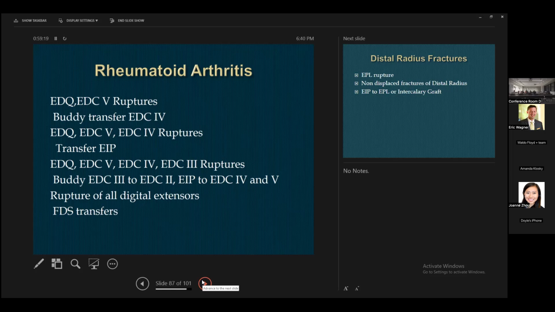Do you like FDS because of the individual nature of those, or why not do FCR transfers? An FCR transfer, because usually it doesn't reach the distal end of the tendon. It's tight, that's the main reason. And there are some people who will just take a wrist extensor to transfer into the ruptured digits.